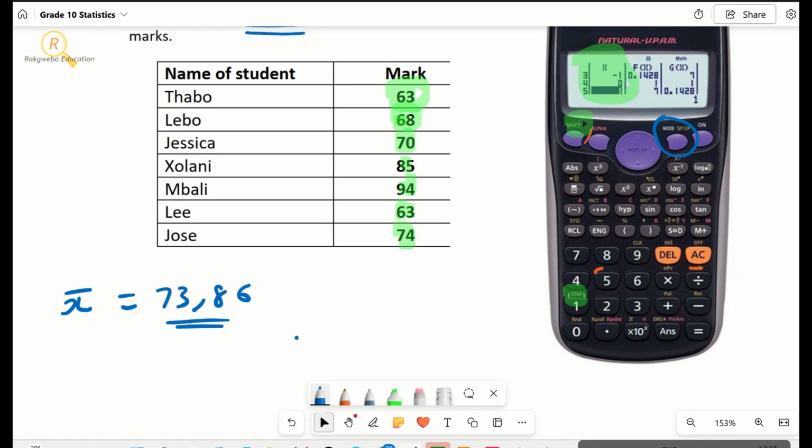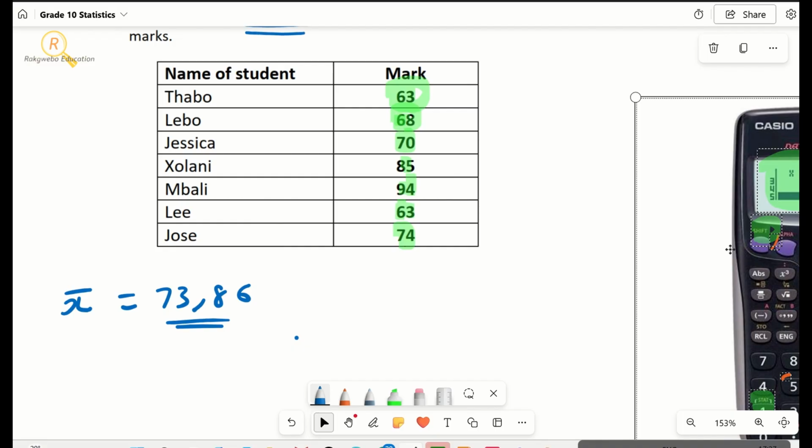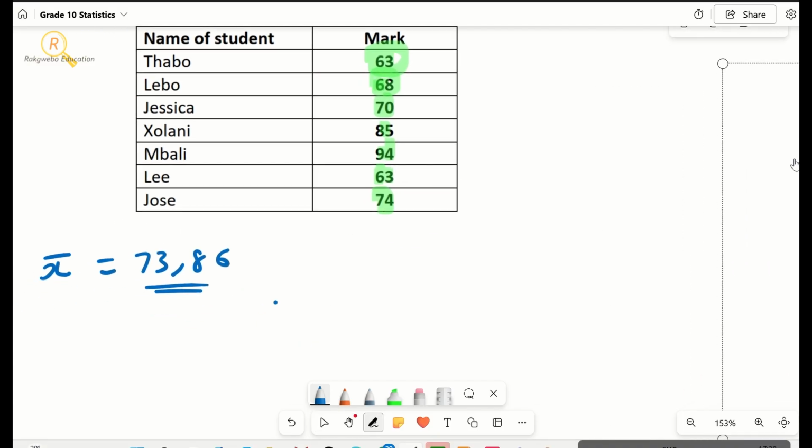Yeah. So now let us use our formula, not the calculator, to see if we get a matching answer. Okay, let's go. X bar equals the sum of values over the number of values.